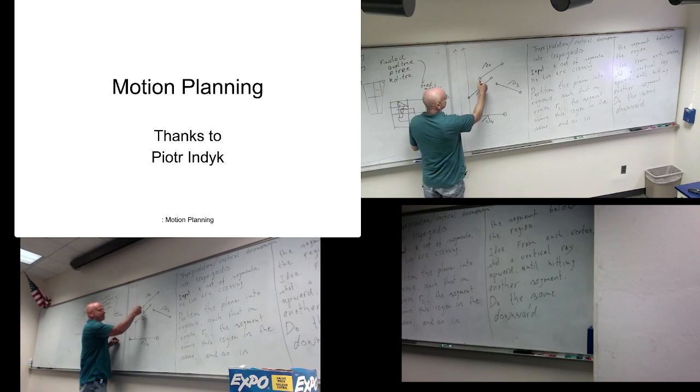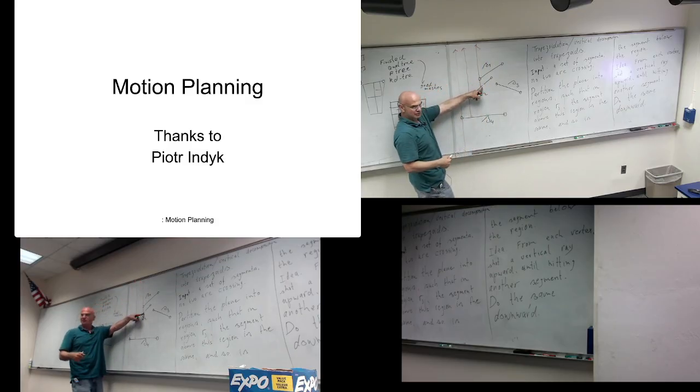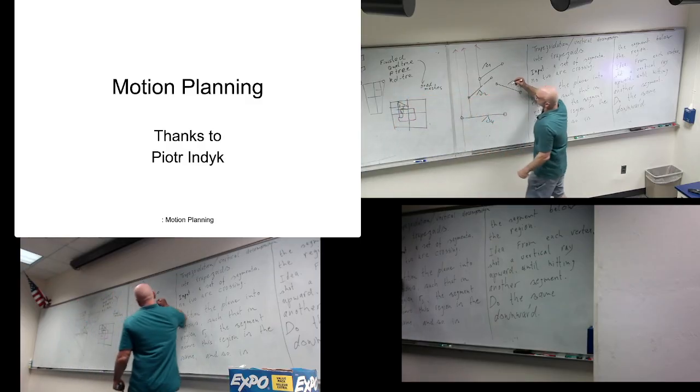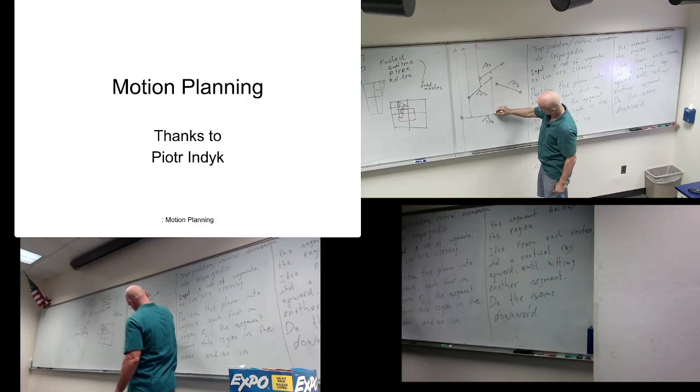Do it again with the vertex of S1. Shoot a ray down. My ray stops at S2, it cannot penetrate through another segment. This vertex, the endpoint of S2, a ray up and a ray down.